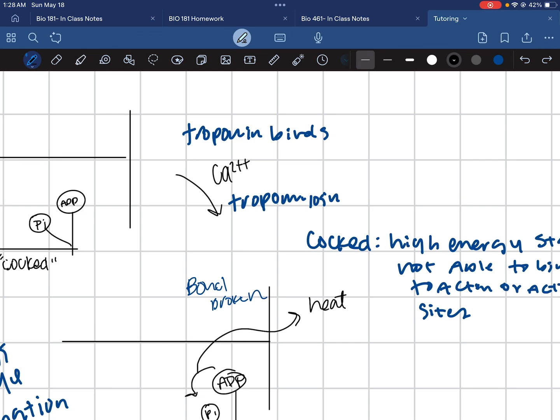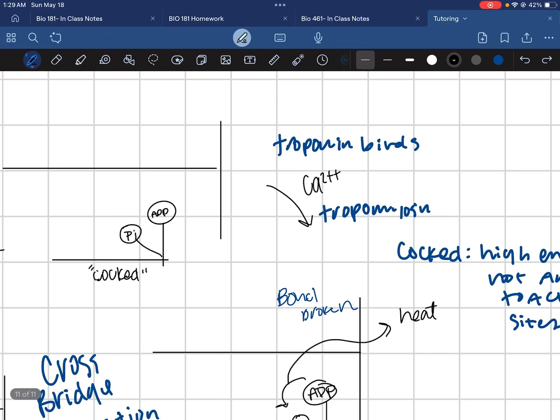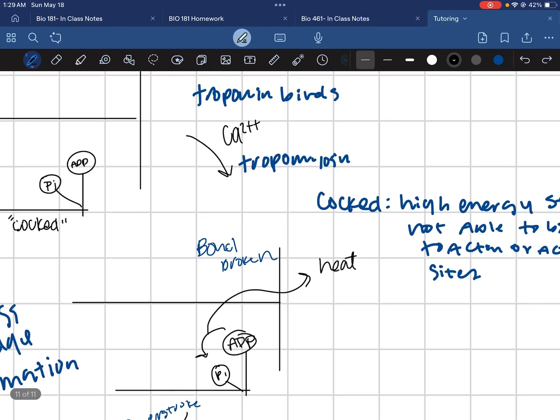So calcium comes in, calcium binds to troponin, moves tropomyosin off of the active binding sites. The head is cocked, it's high energy, but it's not able to bind to actin active sites because it has ADP and an inorganic phosphate attached to it.